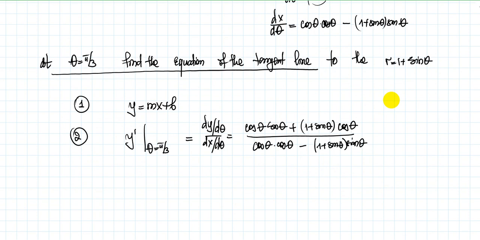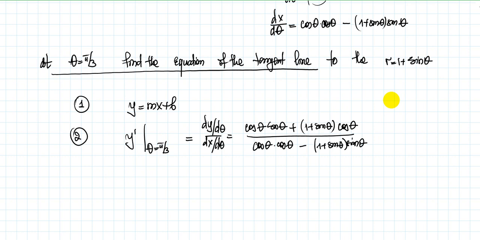So is this going to be the slope of the line? No, actually, this is a function of the theta, right? So in order to know the slope of the line, I need to evaluate this at theta equal to pi over 3, right? So actually, this is going to tell you the slope of the tangent lines depending on the theta.